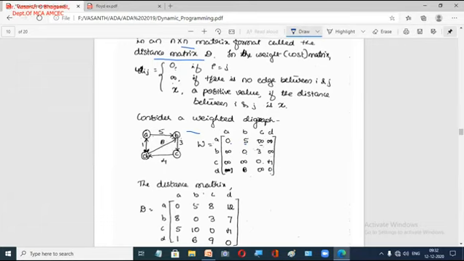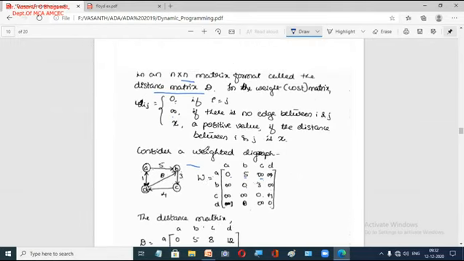Similarly A and D: an edge is there, but the direction is reversed, so from A to D you cannot go. So infinity. In the same fashion the entire weight matrix is written. This is how we write the weight matrix.